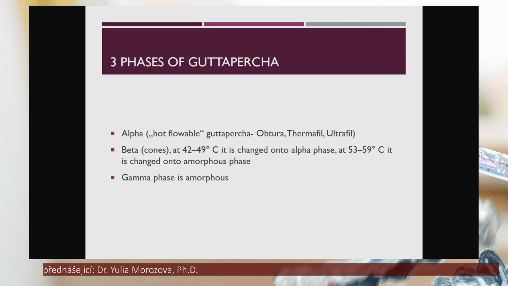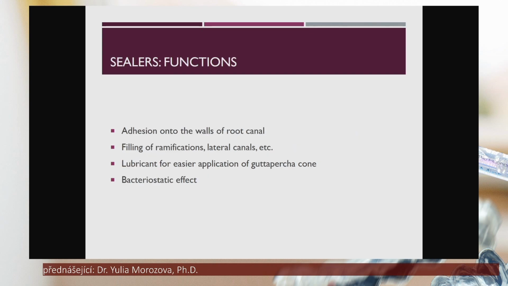Beta phase is a semi-solid phase, like normal cones, and if you apply heat up to 50 Celsius degrees, it changes into the alpha phase. When we provide further heating up to 60 Celsius degrees, it changes into the amorphous phase. And gamma phase is the amorphous phase of the gutta percha.